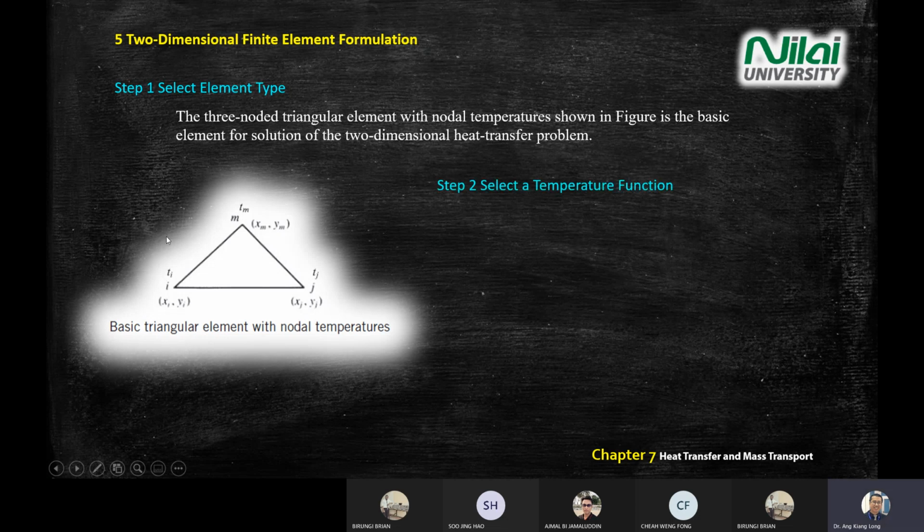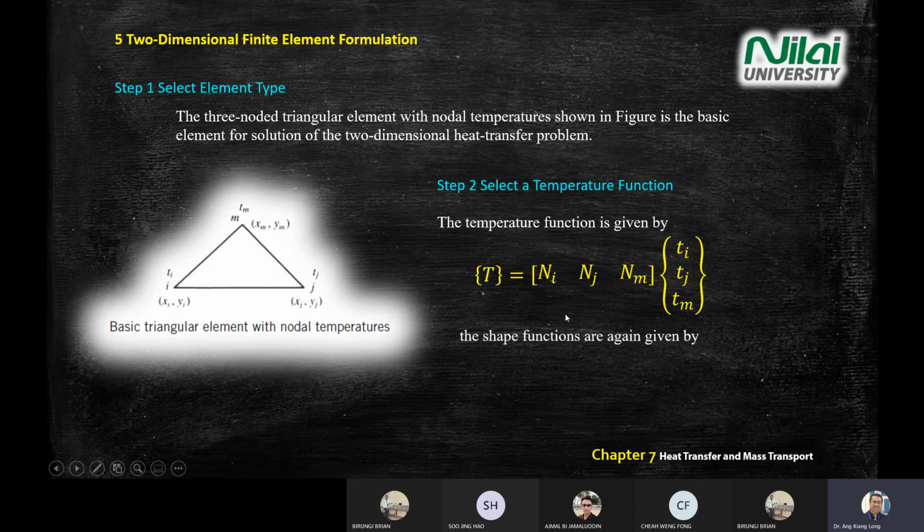Okay. Step 2, we select a temperature function. We have the same temperature function, which is T equal to NT, and it is already in standard form. So we have capital T, which is our global temperature, on the left, and then our node function or shape function.